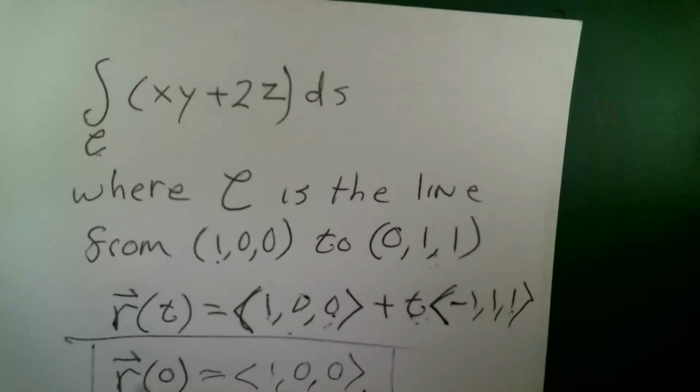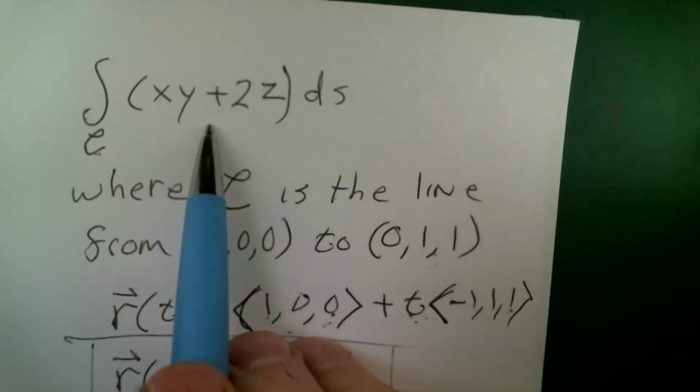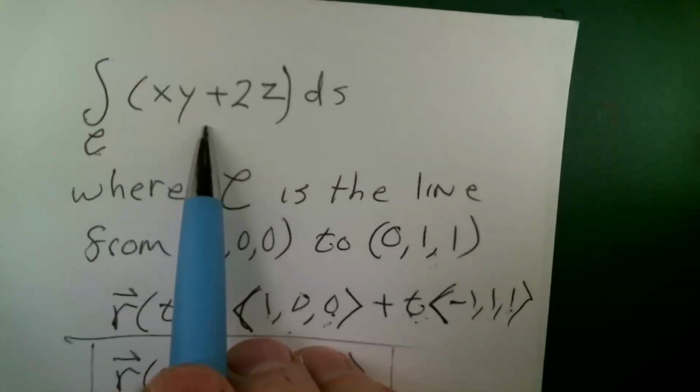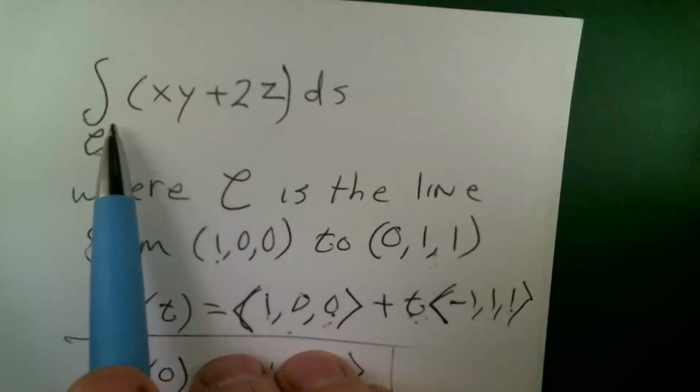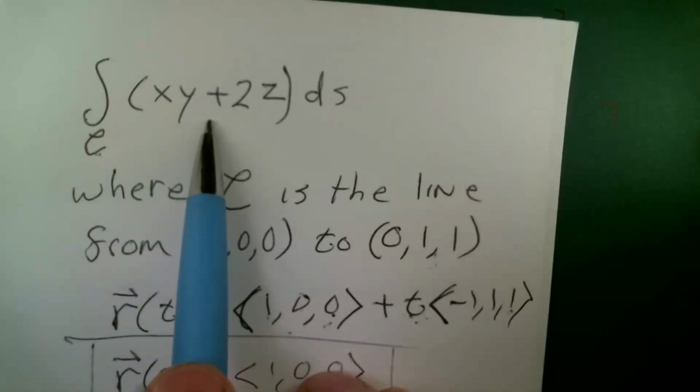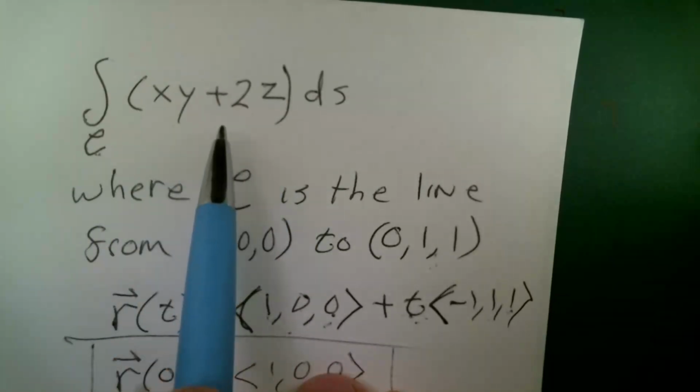How do we integrate a vector field? Well, you can't just integrate a vector field. You have to have something to dot it with so that you get a scalar. So it will reduce to the sort of shape we've just done. That is, we'll have a scalar, but that scalar will come from dotting two vectors.